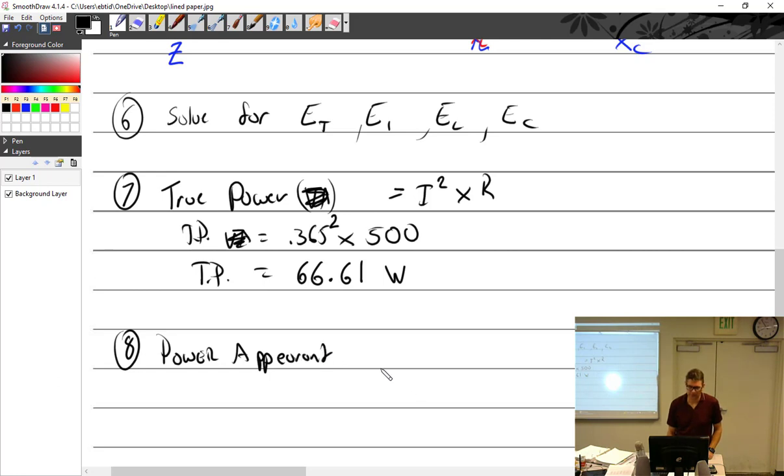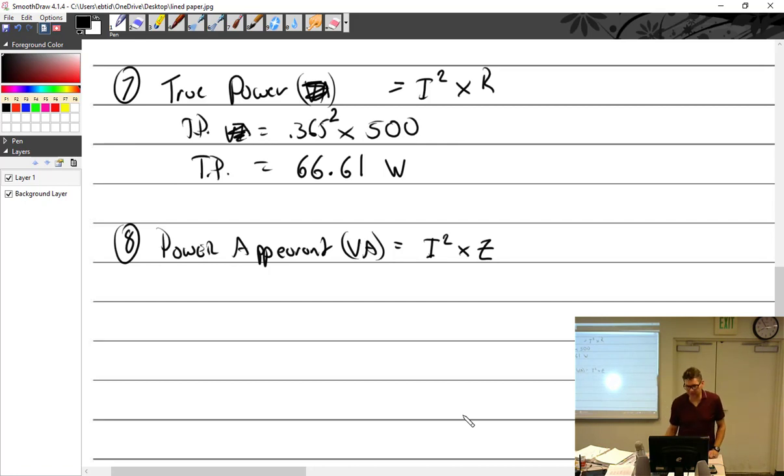Yep. Power apparent, which is volt amps, equals I squared times Z. If we notice the two things, true power is based upon the true resistance, and power apparent is based upon the impedance, which is all things considered.